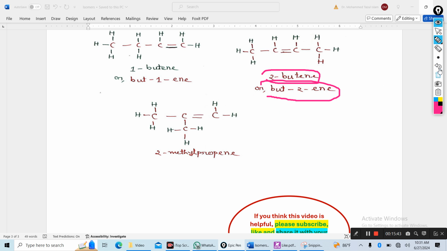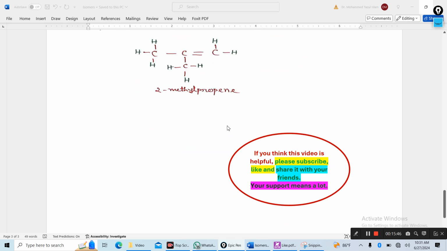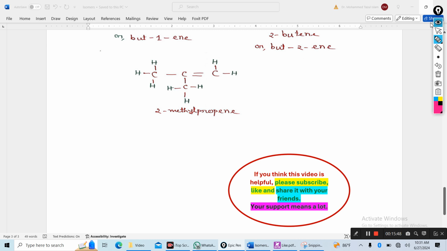And you see number 3, 1, 2, 3, here the double bond, this is propene, the 3 carbon containing alkene, but the second carbon contains 1 methyl group, so this name will be 2 methyl propene, or you can write simply methyl propene, you get the mark, no problem.